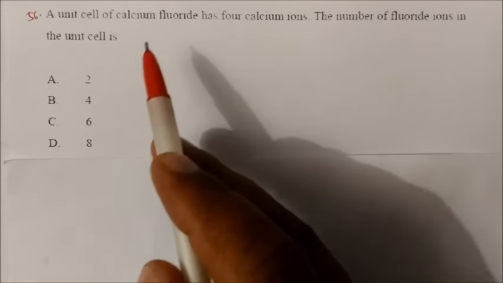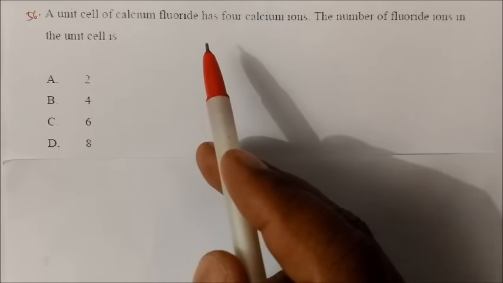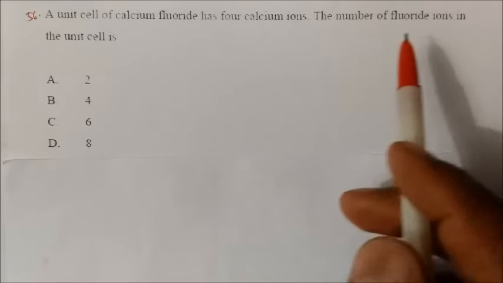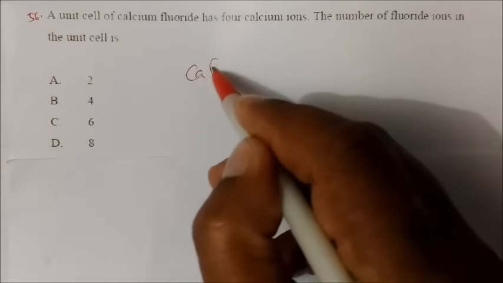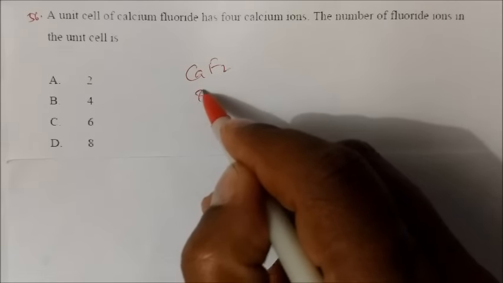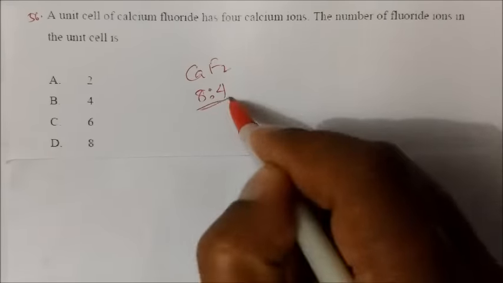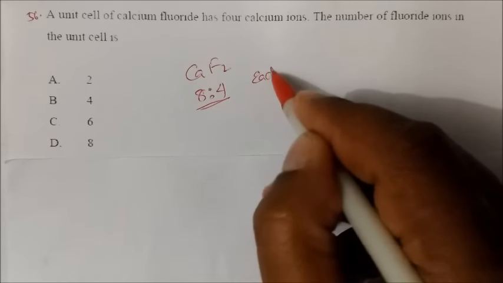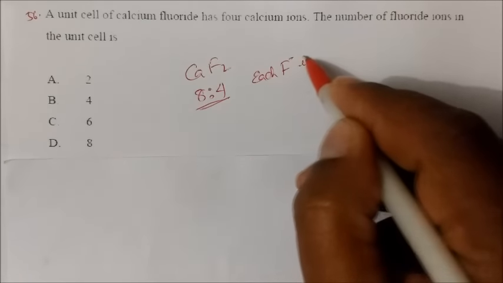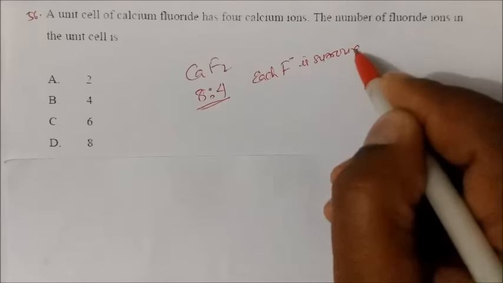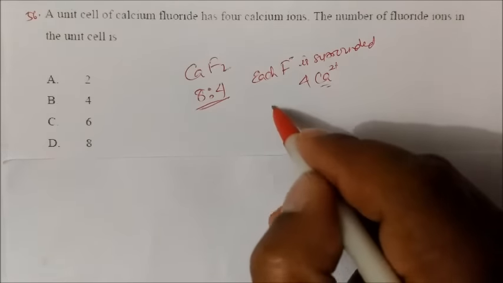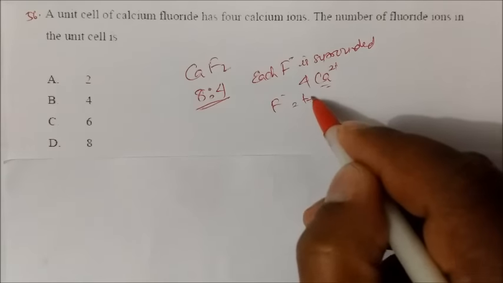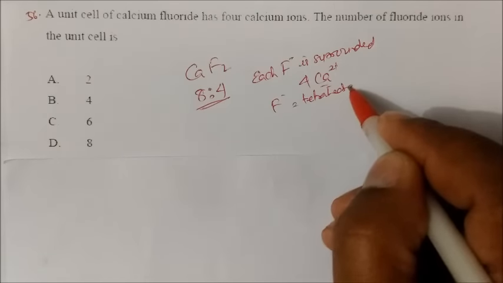A unit cell of calcium fluoride has 4 calcium ions. The number of fluoride ions in the unit cell is how much? This is calcium fluoride, and if you see the coordination ratio, the coordination number is 8:4. What does this mean? Each fluoride ion is surrounded by 4 calcium dipositive ions, and the fluoride is occupying tetrahedral sites.